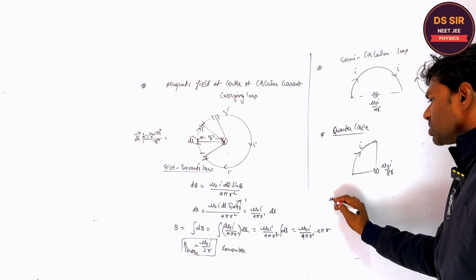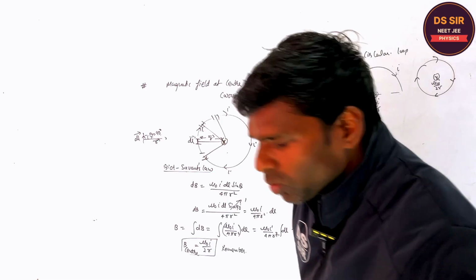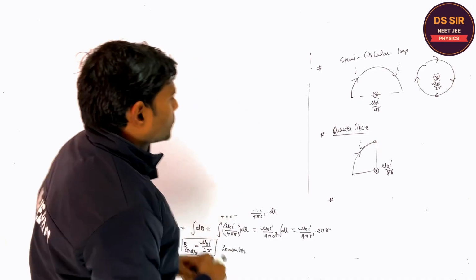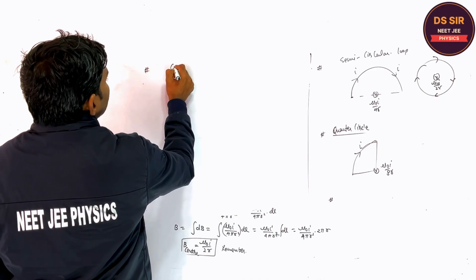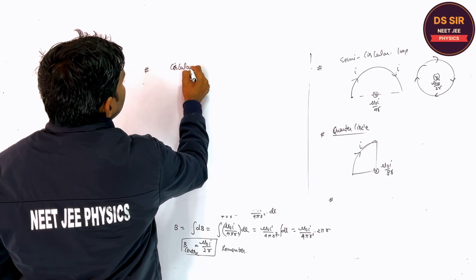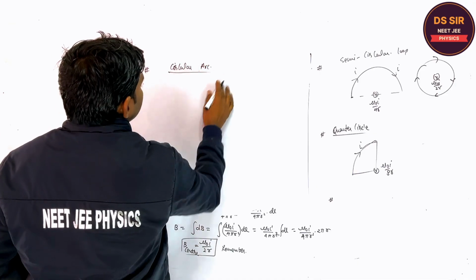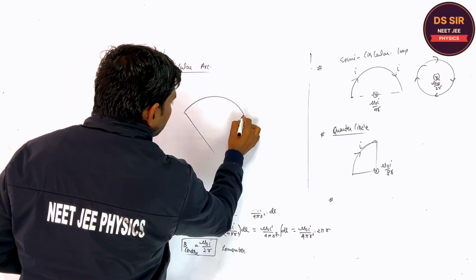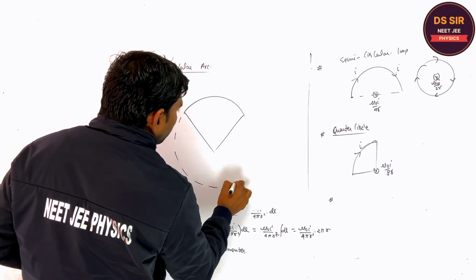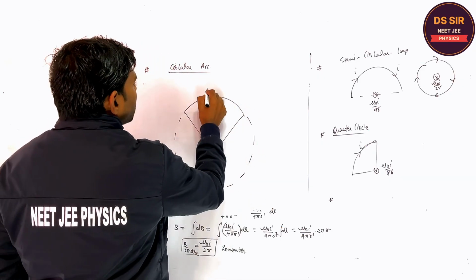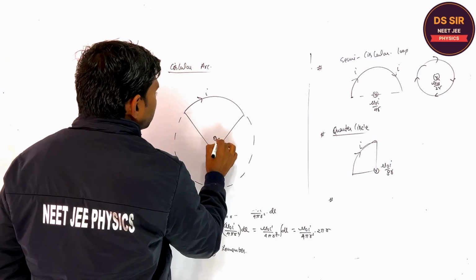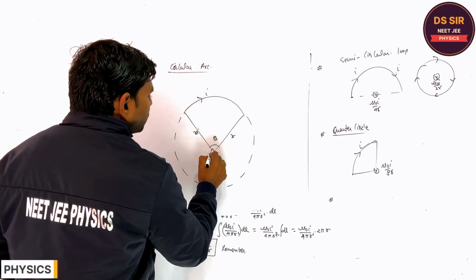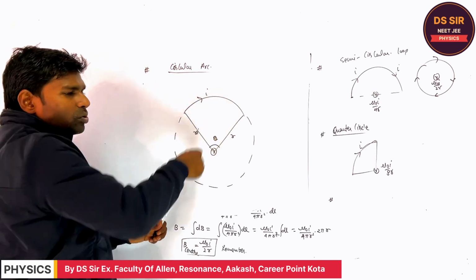But due to a circular arc making angle theta, how would you find it? This is a circular arc, not a complete circle, rather a portion of a circle. Current is I, making angle theta, and the radius is r. What will be the magnetic field due to this portion?